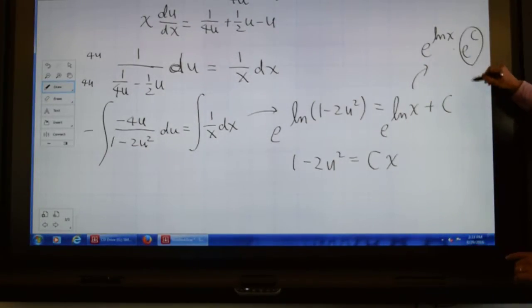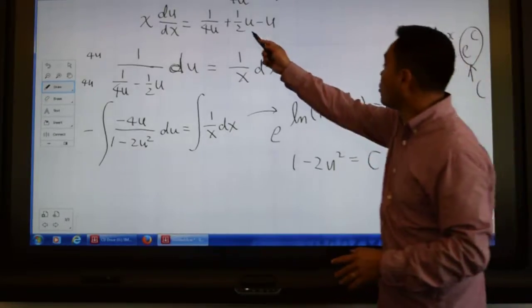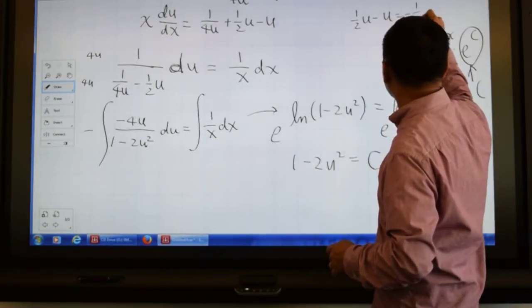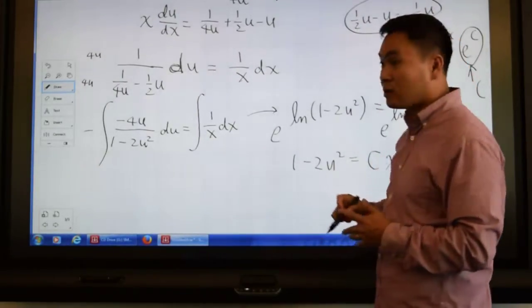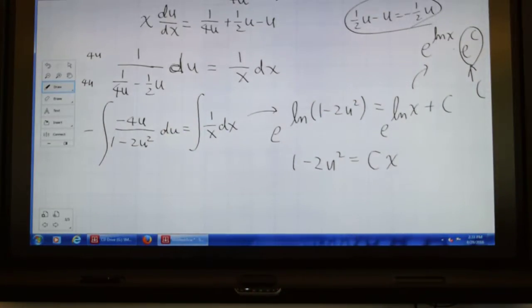I'm calling this c. So it's c times e to the ln of x, so cx. Any other questions? Where's the minus u? Oh, minus u. 1/2 of u minus u is negative 1/2 of u. Sorry. Right. So it's here. Okay. Any other questions?